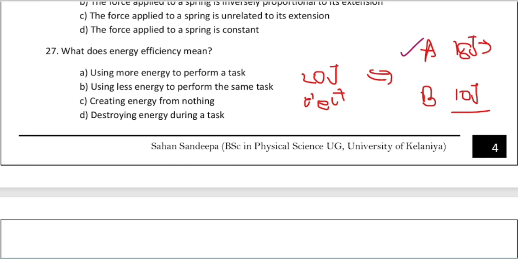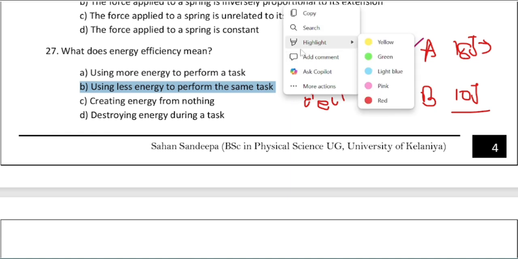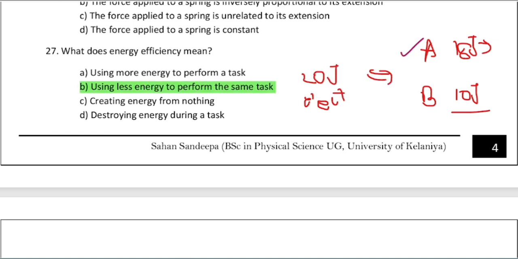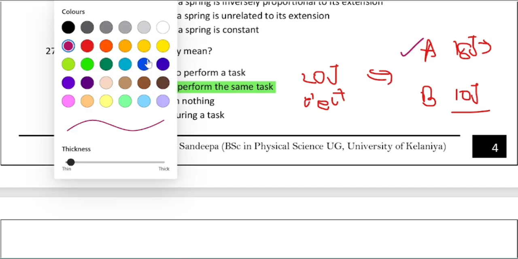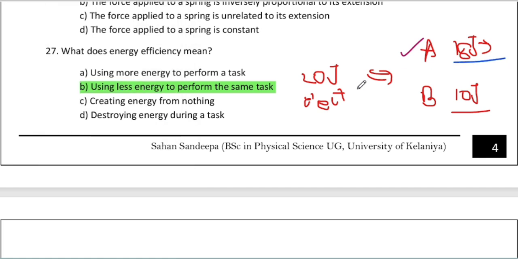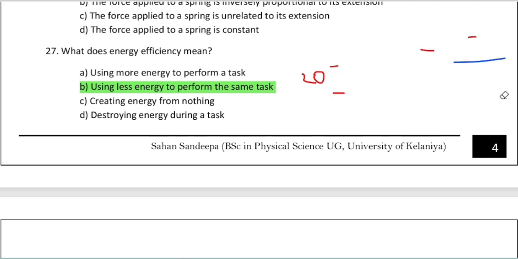So it is using less energy to perform the same task, right? Now think about this one. Bulb A is doing a job of 20 joules.